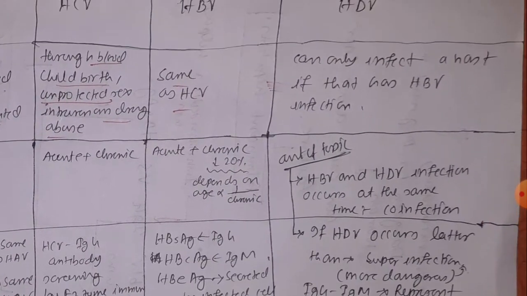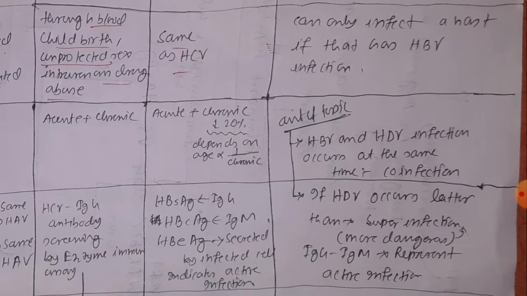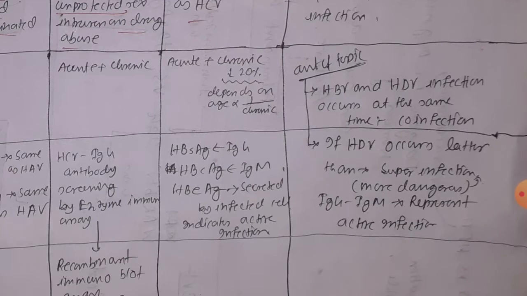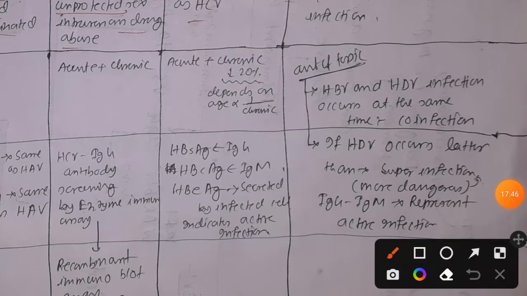And in the case of HBV, the role of serology is quite interesting. The role of serology will determine whether hepatitis B will move to chronic infection or not. Let's see how.